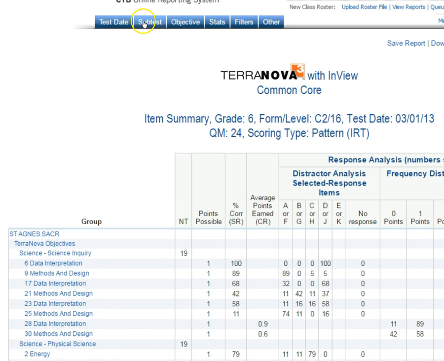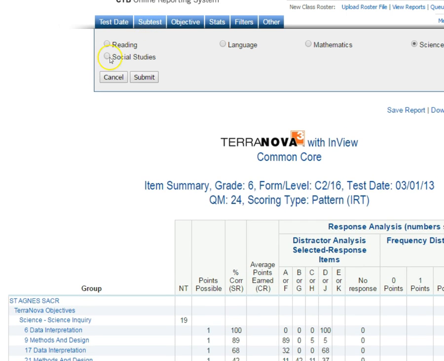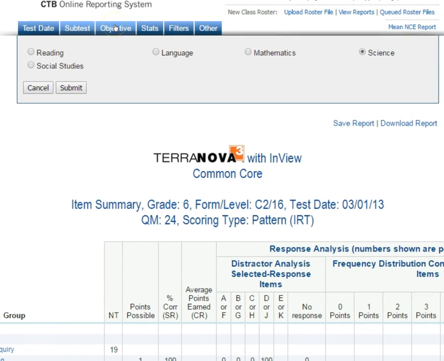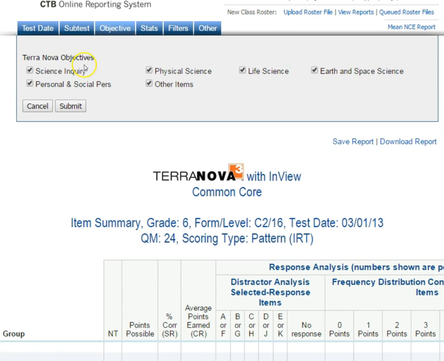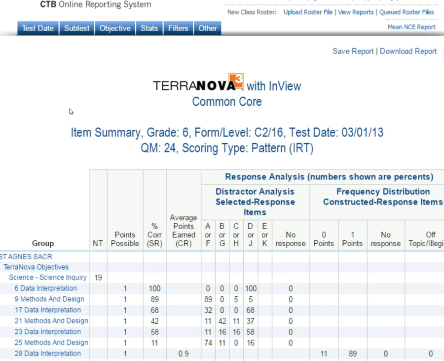And again, by going up here to the subtests, I can change what content area that I'm looking at. I can take a look at objectives if I want to take just looking at science inquiry. I can just leave that clicked on and submit, and it will narrow it down to questions that were related just to science inquiry.